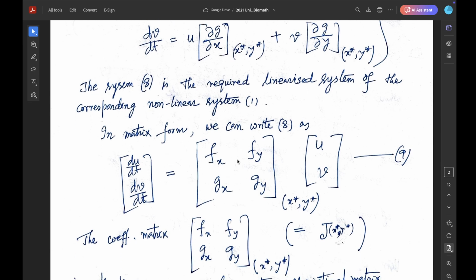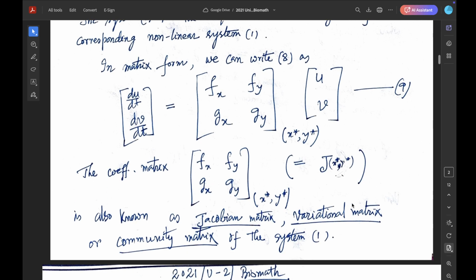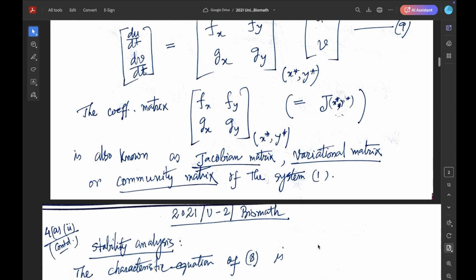This matrix is evaluated at the point (x*, y*). The coefficient matrix, fx, fy, gx, gy at (x*, y*) equal to J at (x*, y*), is known as the Jacobian matrix, variational matrix, or community matrix of the system 1.